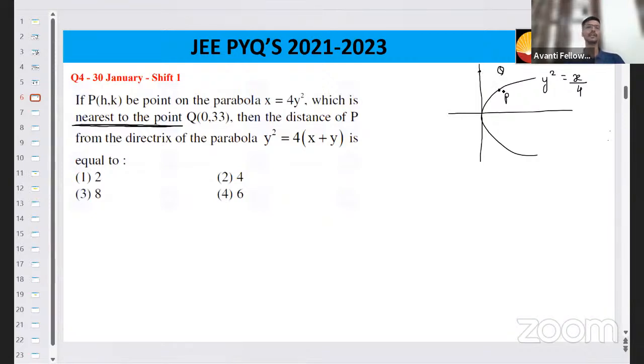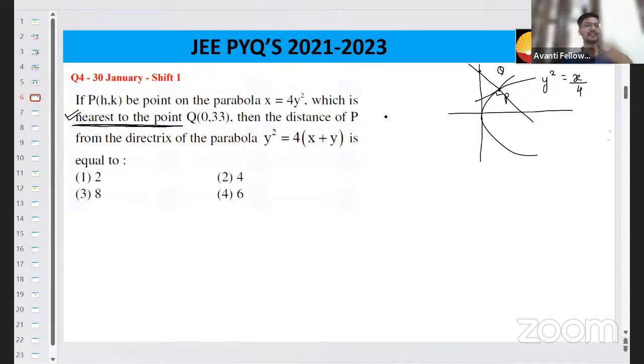Now, see, according to the given condition, what does nearest to the point mean? Nearest to the point means that if I draw a normal through P, Q should pass through it. That means Q lies on the normal drawn from point P. This is what is meant by nearest to the point.